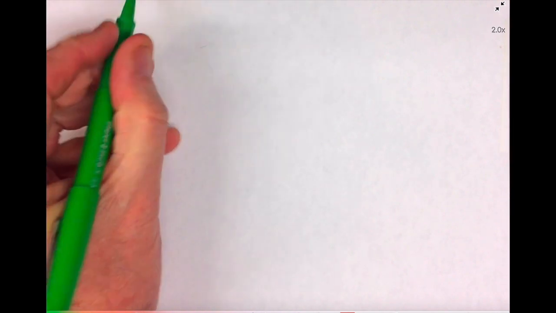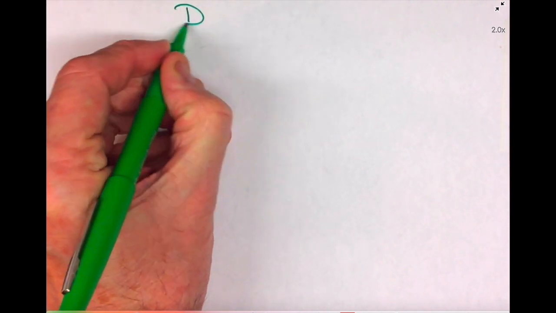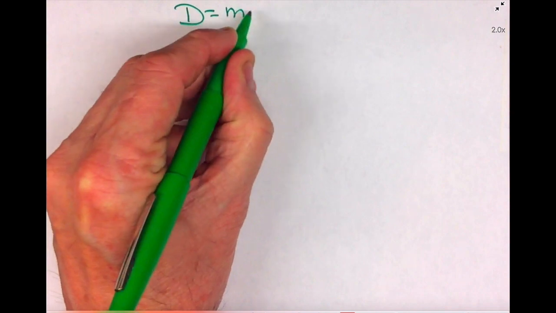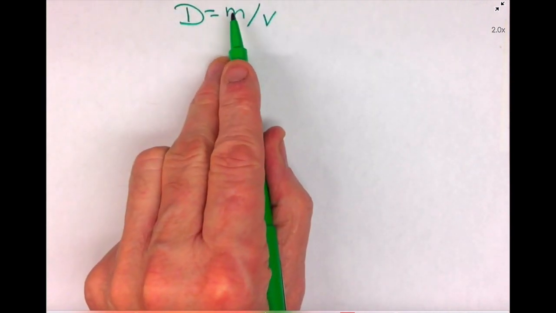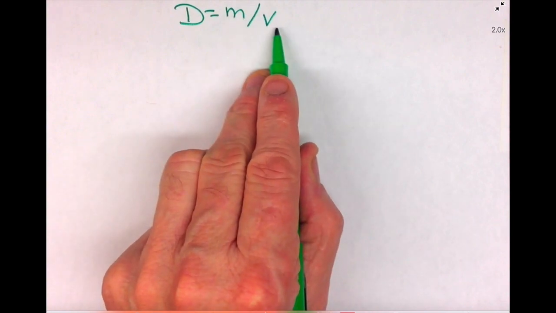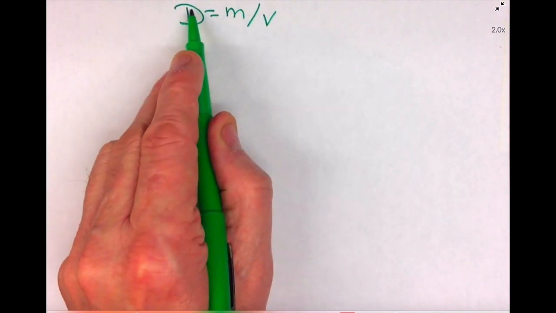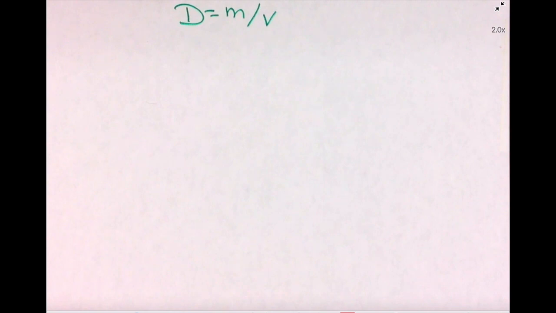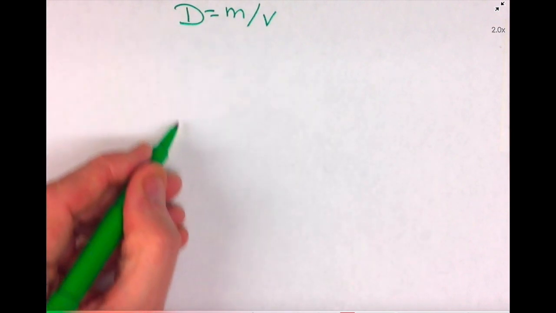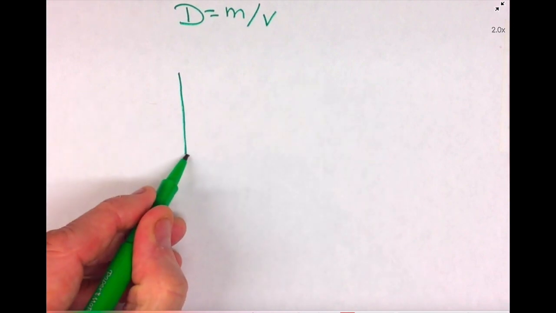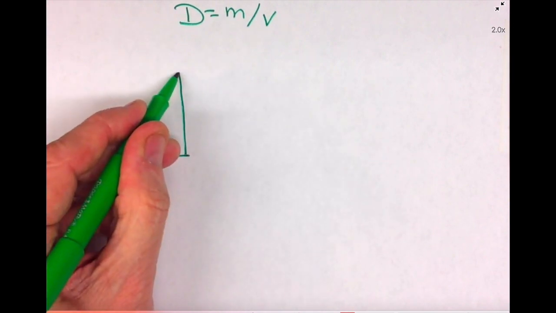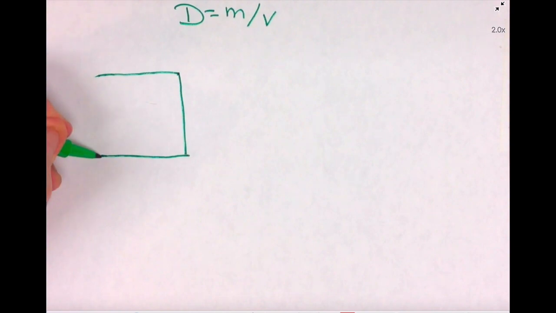So now we're going to draw kind of a little diagram about that. All right, so the density increases. Remember, the formula for density is D equals M over V. We already did that, right? Density equals mass divided by volume. This is how much stuff you have in a given space. That tells you what the density is, right? So when you squeeze it together, the air pressure, let's say you have a little container, a box.